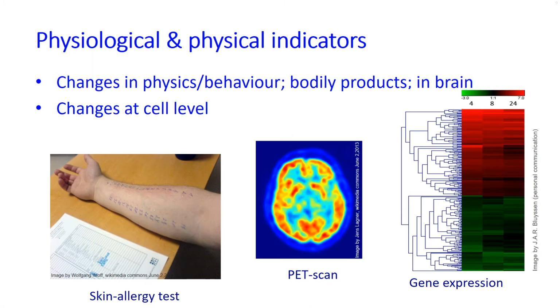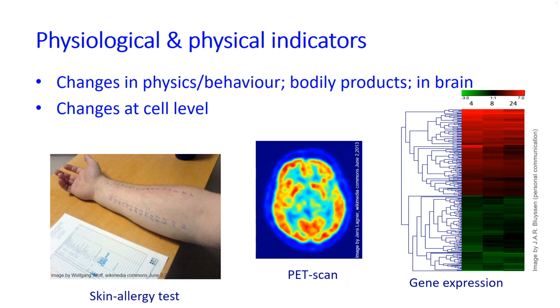Other physiological or physical indicators are also thinkable. Indicators that give us information on changes in physics or behavior, for example of breathing, allergic reaction and blood pressure. Changes in our bodily products, such as breath, urine, blood and saliva, of certain hormones or other compounds that are more or less present, for example cortisol, an anti-stress hormone we produce when exposed to stress situations.